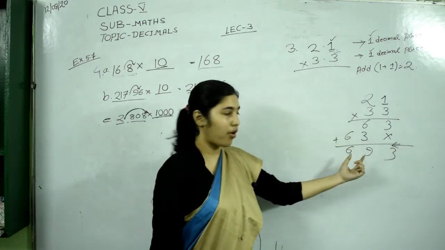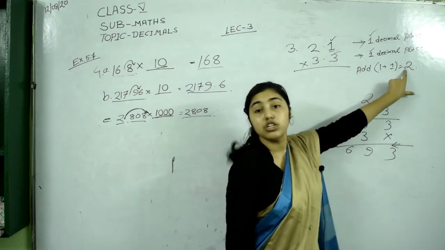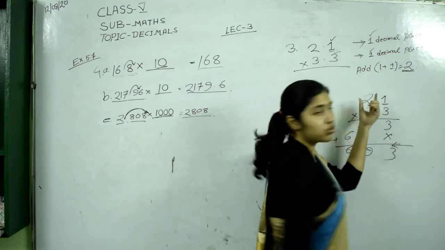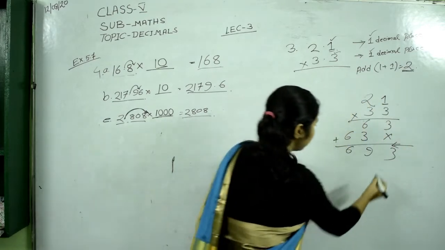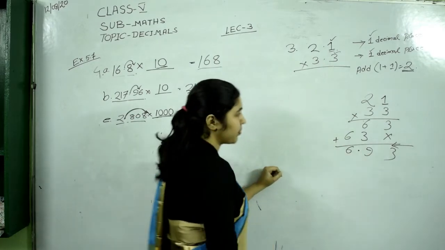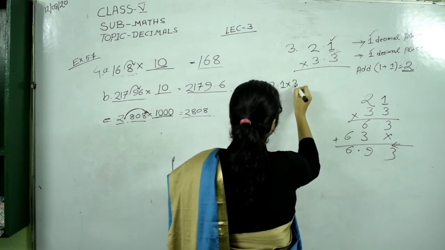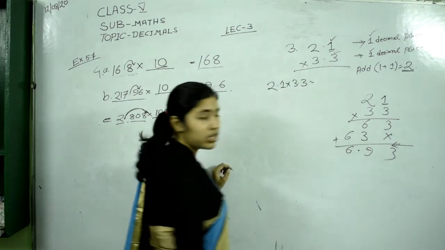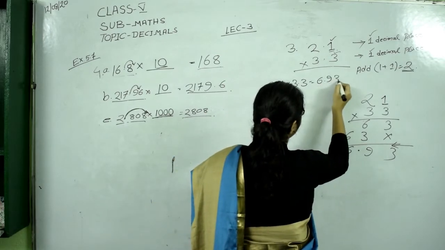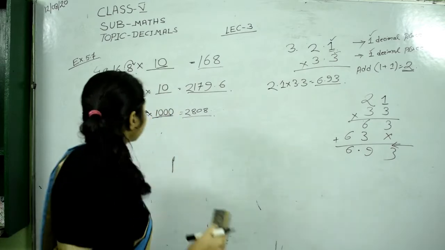Insert the decimal point in this product from right at 2 decimal places. So 1, 2. So insert the point here. So our answer is 2.1 into 3.3 is equal to 6.93. Do you understand the process?